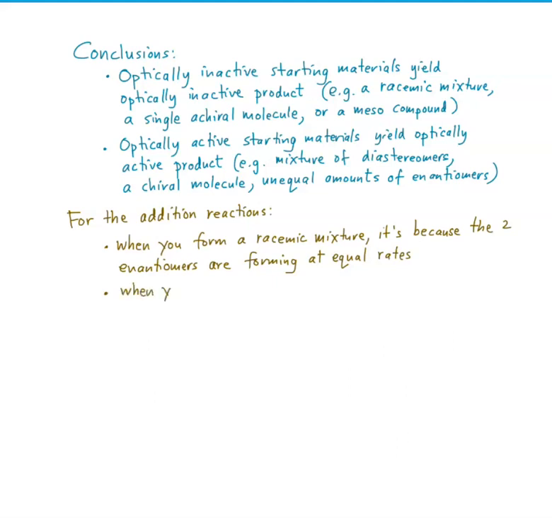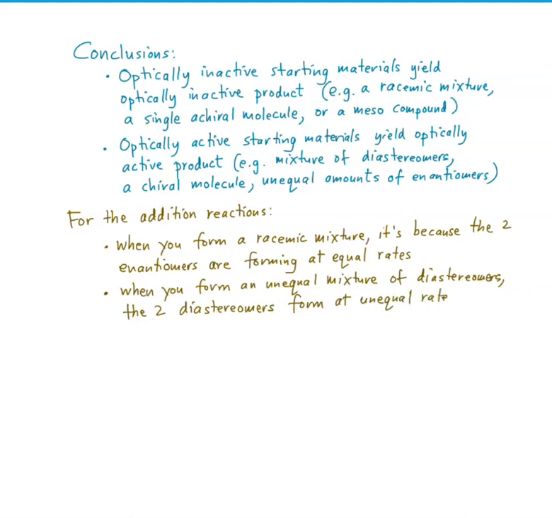And then the other possibility that we saw, when you form an unequal mixture of diastereomers, those diastereomers are forming at unequal rates. So the two diastereomers are forming at unequal rates. One is forming faster than the other. That's why you get more of one than the other.